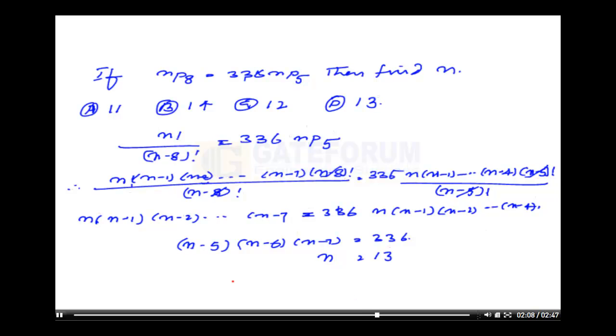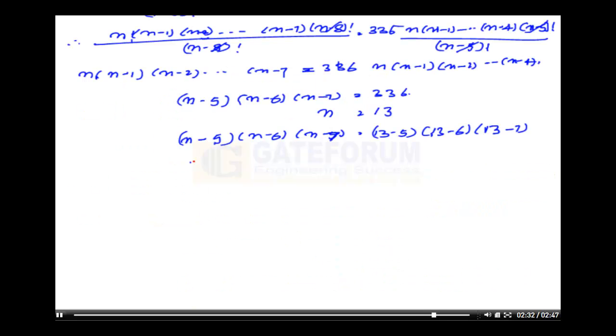Substitute here, then n minus 5, n minus 6, n minus 7 is equivalent to 13 minus 5, 13 minus 6, 13 minus 7. Therefore 8, 7, 6 gives 336. Hence n equivalent to 13 is the required answer.